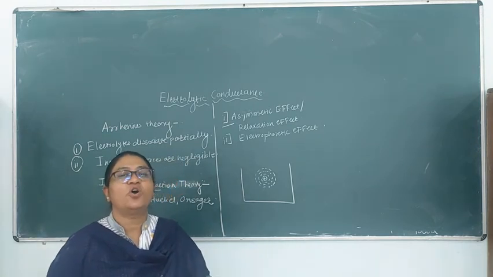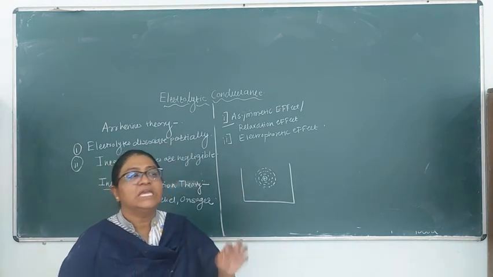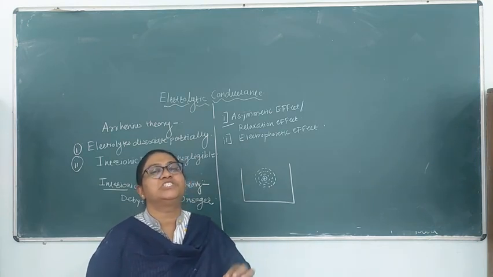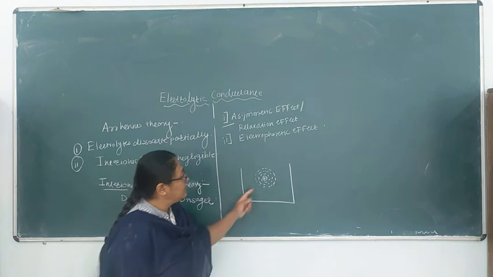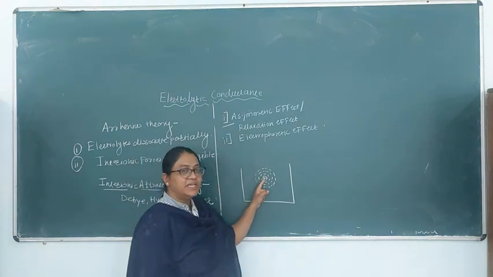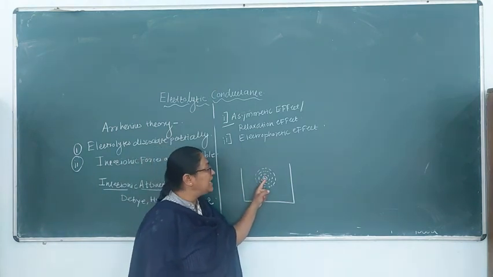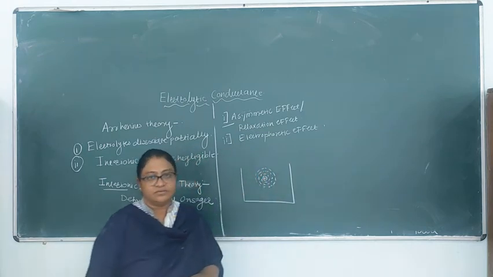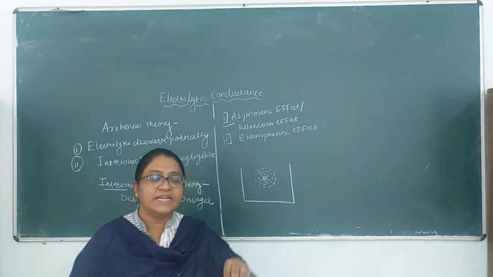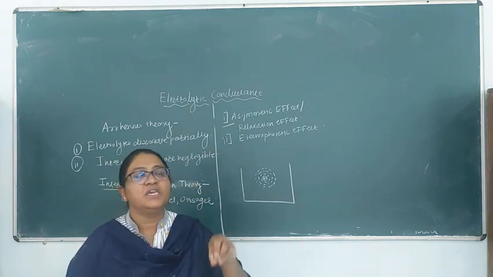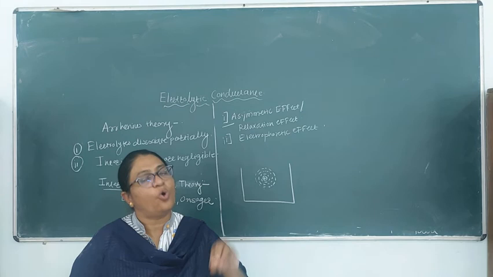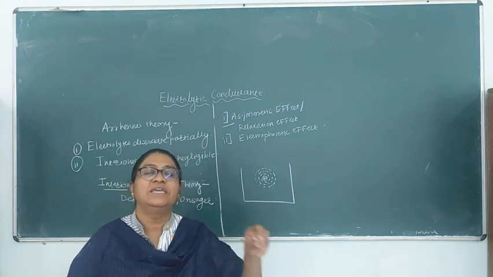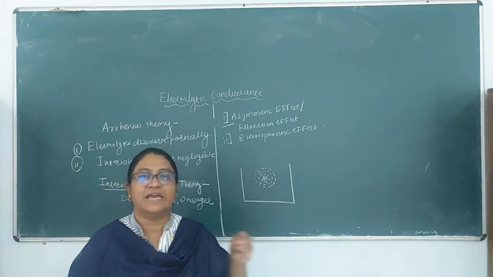So in the absence of an electric field, each ion is surrounded by oppositely charged ions. For example, here I have taken a cation in the center, and this cation is surrounded by negative ions from the surroundings. This cation in the center is equally surrounded from all sides by the oppositely charged ions, that is, the negatively charged ions or the anions.